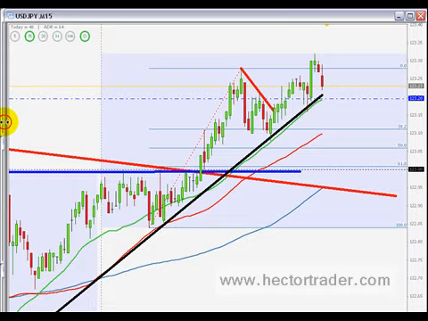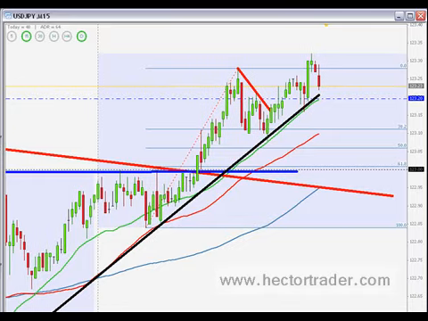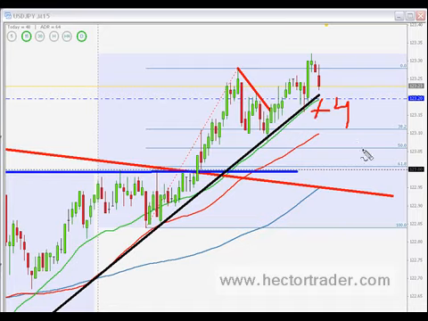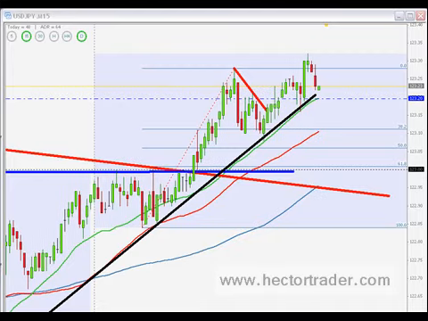Hi guys, just a quick update to let you know that I've closed this trade for plus 4 pips. We have the non-farm payrolls coming up in 15 minutes, and this thing just didn't give me enough room to safely move stop to break even.